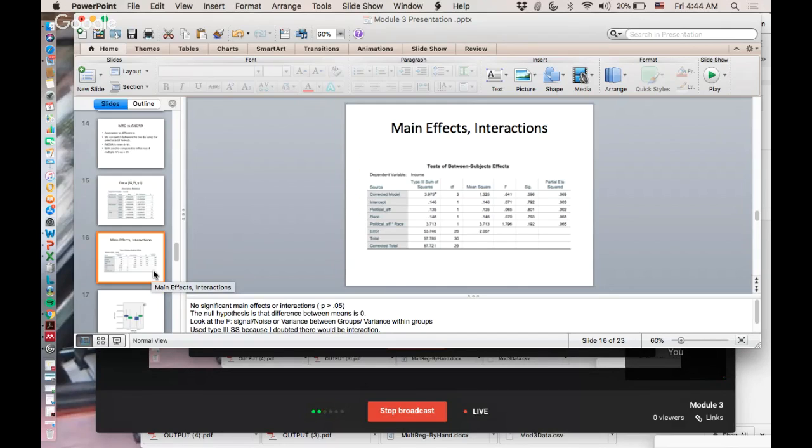So the main effects and interactions. With this test, the null hypothesis is that the mean of the differences is going to be 0. So there's not going to be a difference between black and white or the political parties.